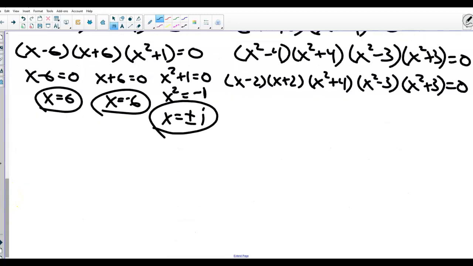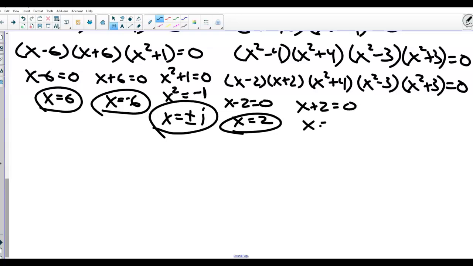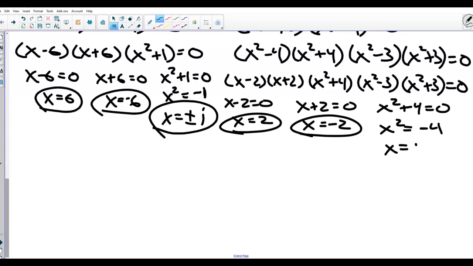And then you're setting each of these equal to 0. X minus 2 equals 0. X equals 2. X plus 2 equals 0. X equals a negative 2. X squared plus 4 equals 0. X squared equals negative 4. My x is plus or minus 2i.